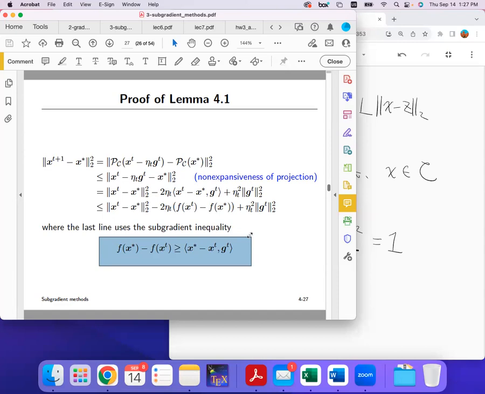But for strongly convex problems, this inequality can be even stronger. There will be an additional quadratic term. If you add that to this one, those two terms combined together will give us a diminishing coefficient. So that is the only difference: here we apply strong convexity instead of convexity.